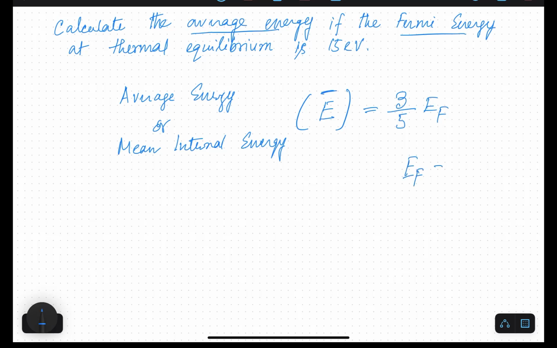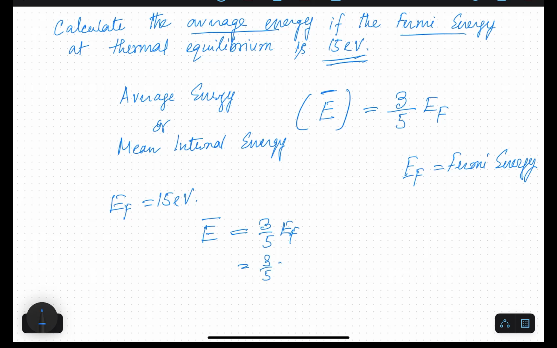And what is the value of EF given in the problem? It is 15 electron volt. So we use the formula E bar equals 3/5 of Fermi energy, which is 3/5 into 15, and I get 9 electron volt after calculation. That is the average energy.